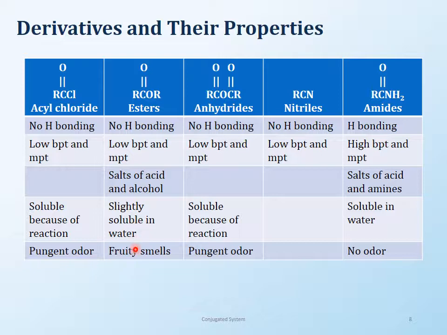They're all synthesized esters, and that's how they get the flavor. So you don't really have to get apple smell from apples. You can actually synthesize that particular ester and get the fruity smell of an apple. So in any case, that is esters. Nitriles I'm not very sure of, and then amides have no odor because they are salts. Remember, acid plus base gives you amide, and so usually salts will not have much smell to them.